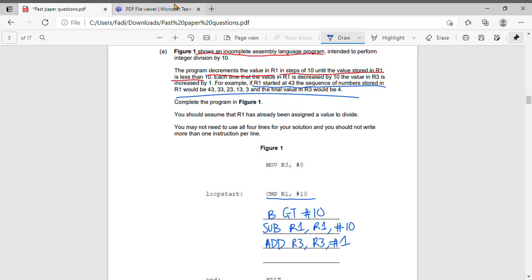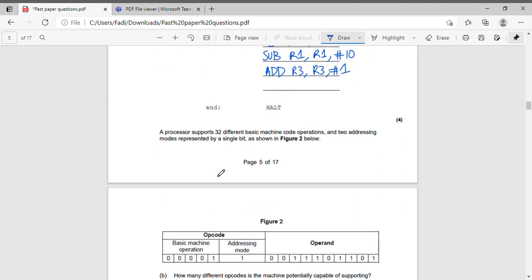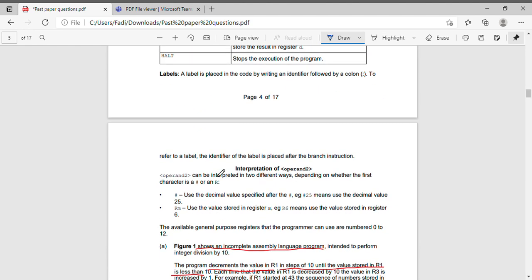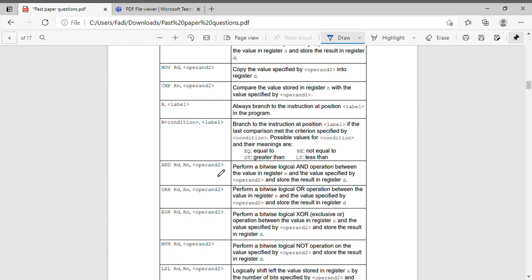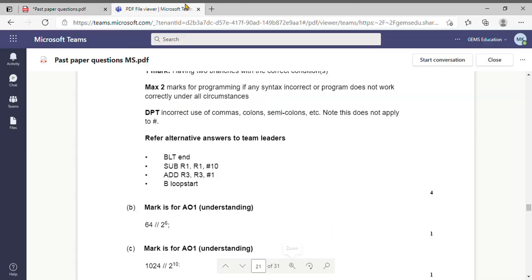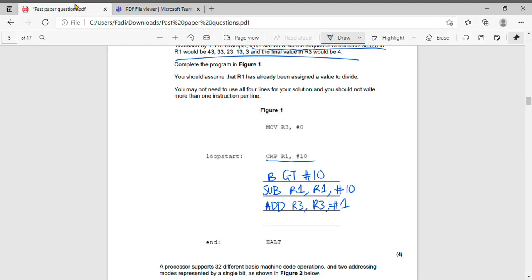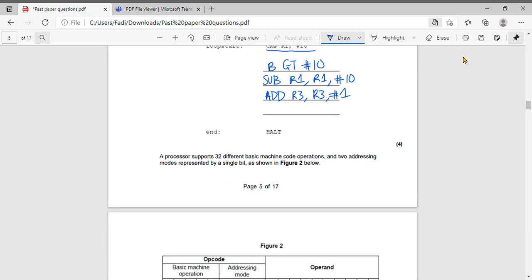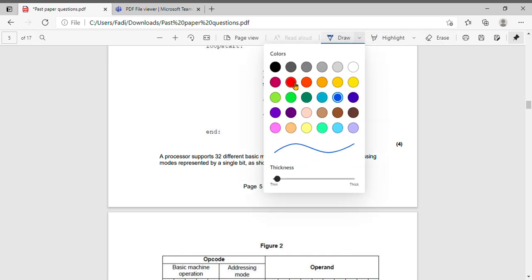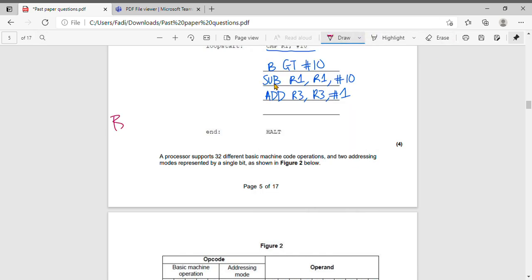What's loop start? Where is loop start? I guess it's just a point we need to add to our vocabulary. So B, loop start. But anyways, we got these 2 bits. So maybe 2 marks.